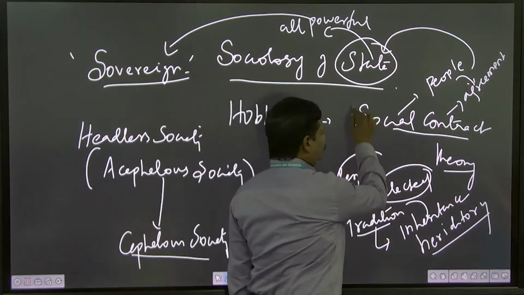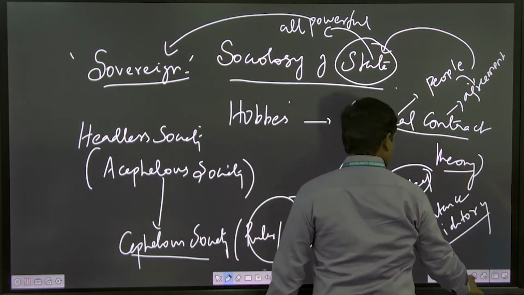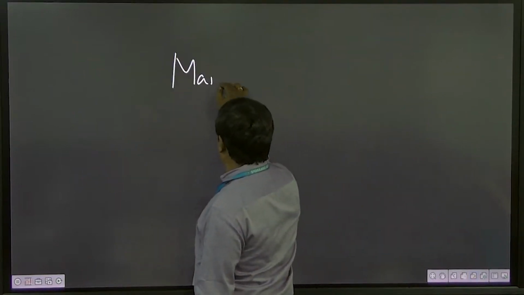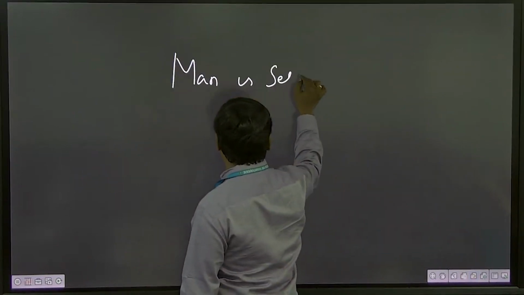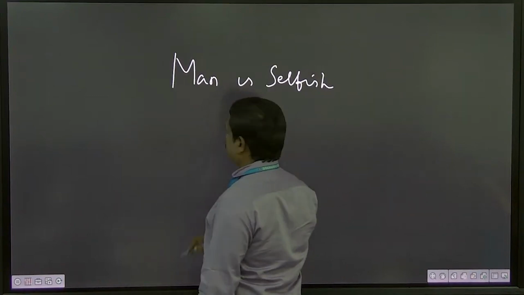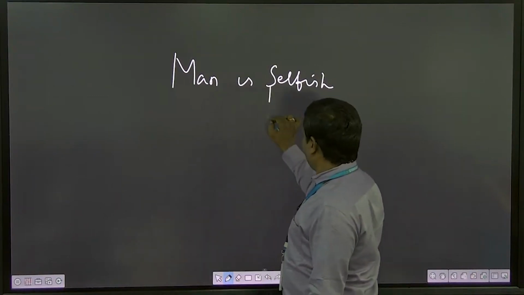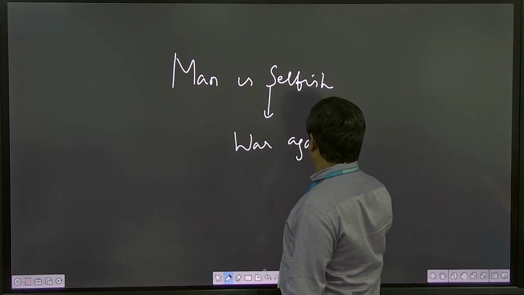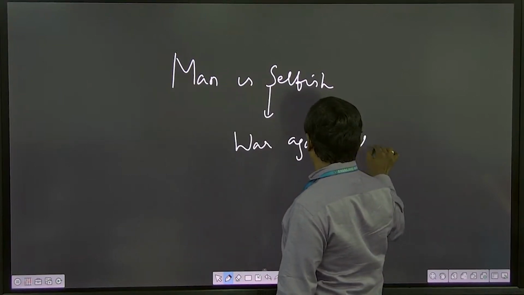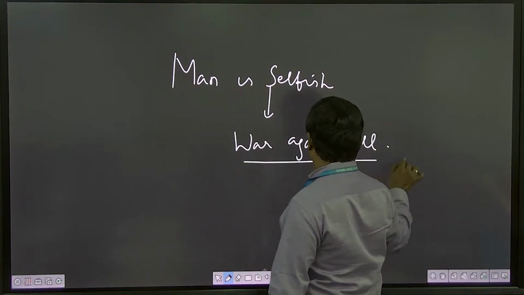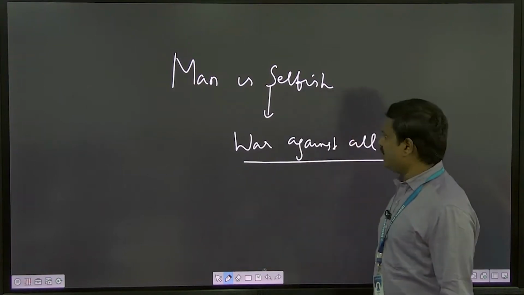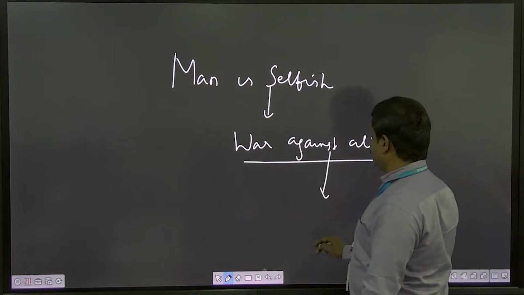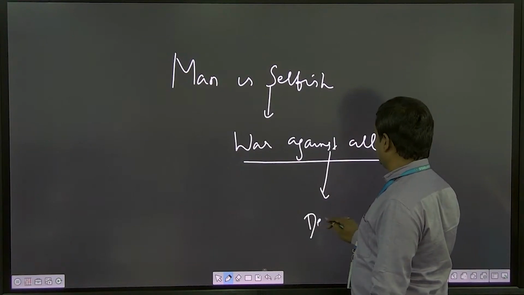Why is there a need for social contract? Hobbes says man is selfish. Therefore, he will wage a war against all. Everybody will fight against everybody because of their selfish nature. So this will lead to the death of the society.